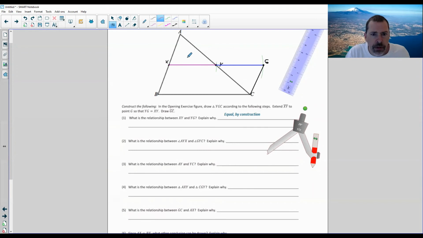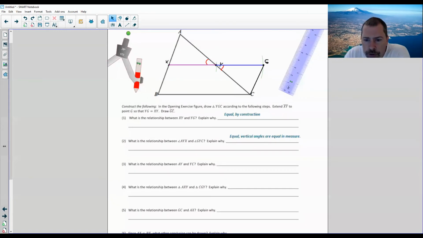Okay, I was going to say, what are they talking about? All right. AYX and GYC. Okay, those two angles there. Well, we already talked about that because I was just amazed. Those are congruent because vertical angles. Okay, so they're equal. Why? Vertical angles are equal in measure.